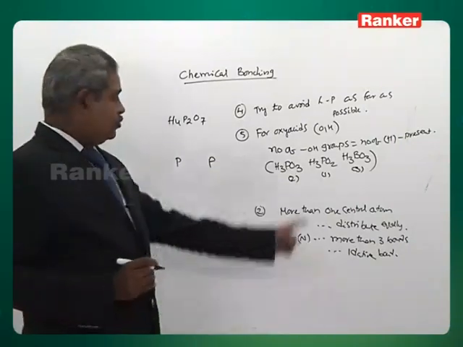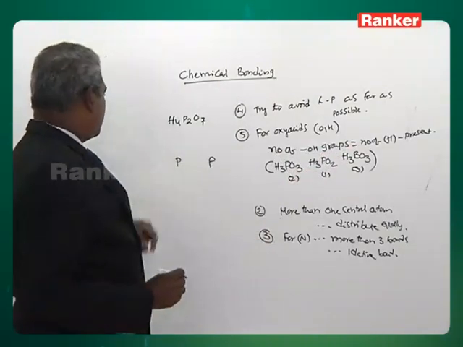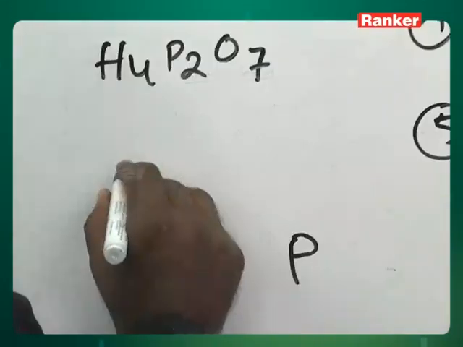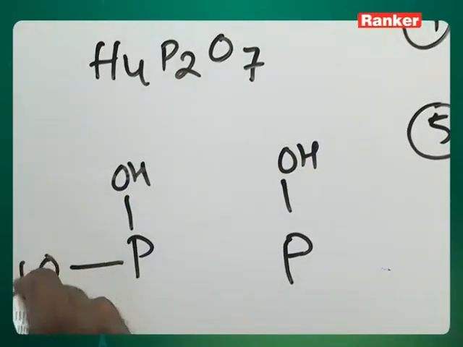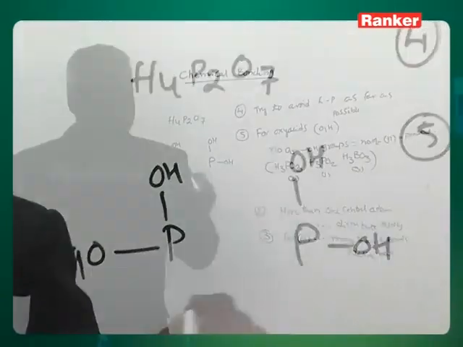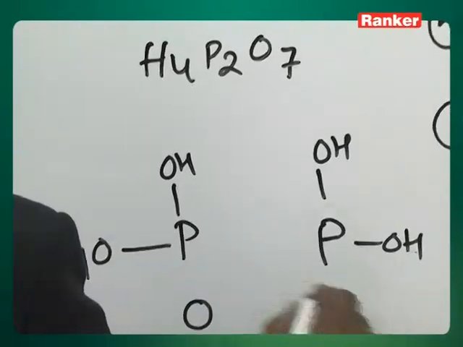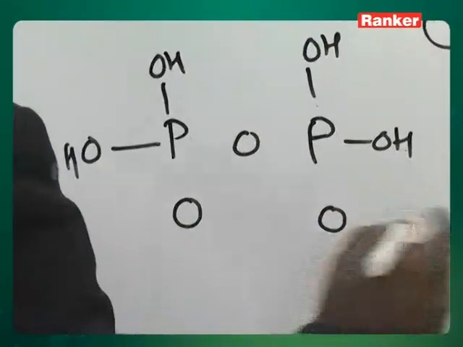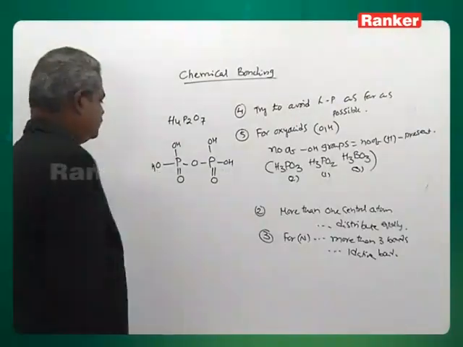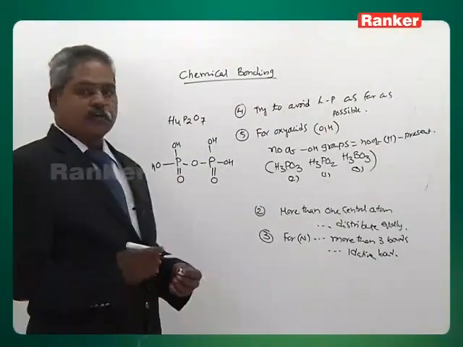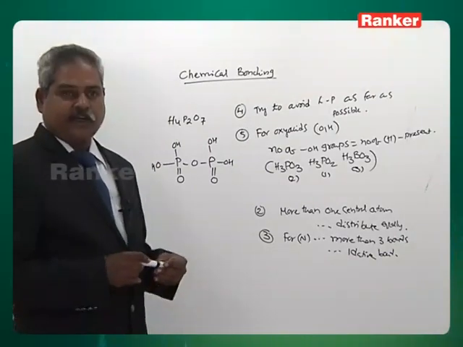The number of OH groups is equal to number of hydrogens present. 4 hydrogens, 4 OH, distribute equally. And 3 more oxygens. What is the role of oxygen? Forms 2 bonds. That's all. For oxy acids, number of OH groups is equal to number of hydrogens present.